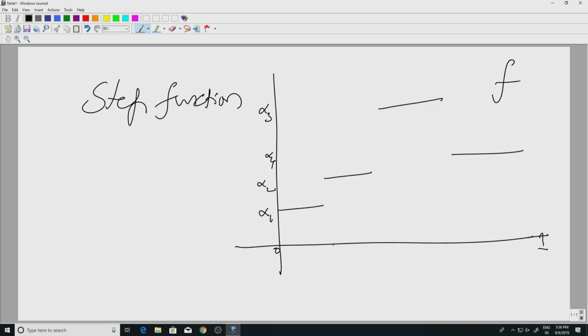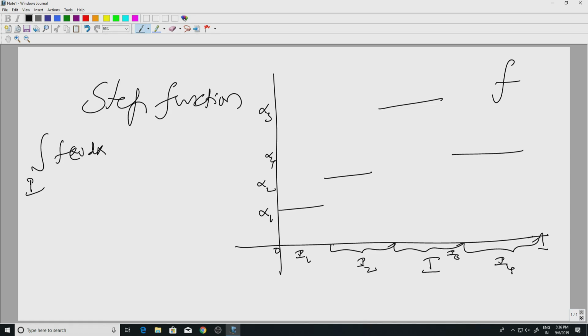So, if I call this f, the integral of f of x dx over this interval I is nothing but, let's call this interval I1, the next interval I2, the next interval I3, and this is I4.